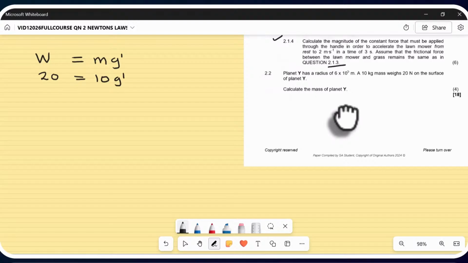So the mass of planet Y equals to the gravitational acceleration G prime of planet Y times the radius squared divided by the universal constant G. So when we substitute now, our G prime we got 2, okay?